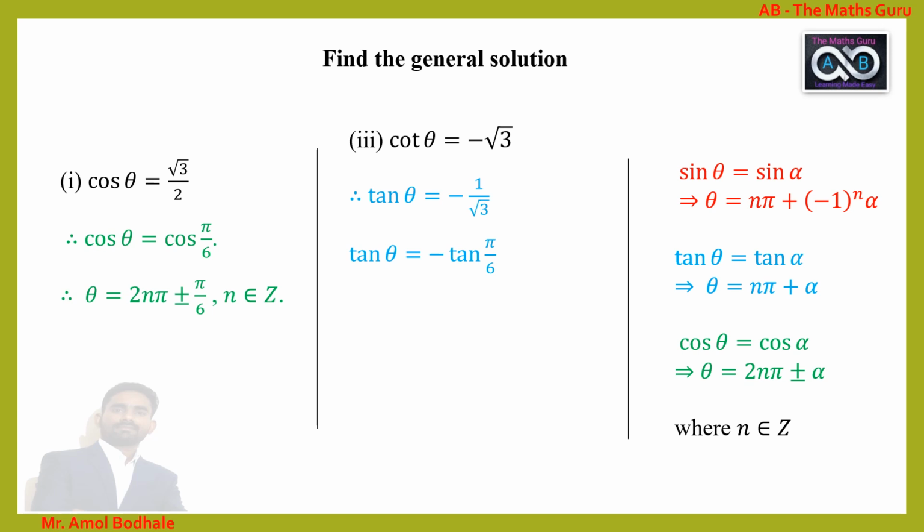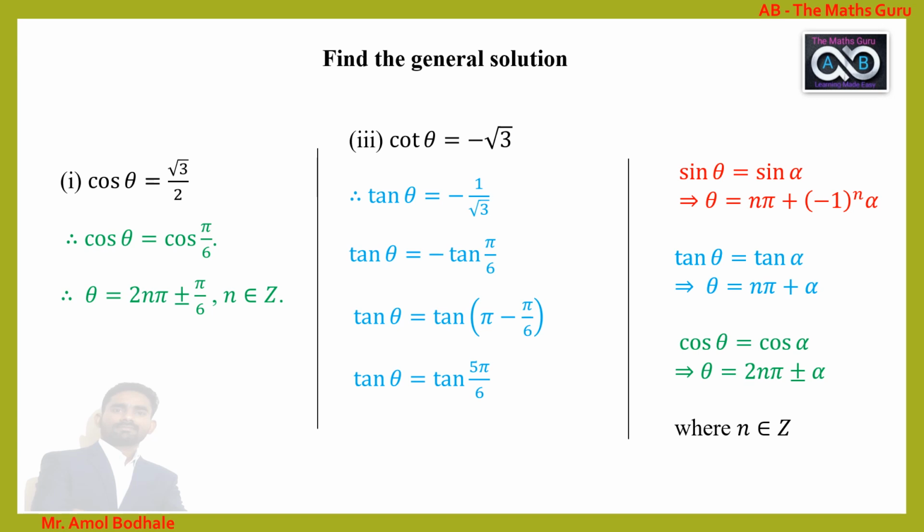Tan is positive in first and third, so it must be negative in second or fourth. Now to convert this negative in terms of positive, we can use any one quadrant, either second quadrant or fourth quadrant. So we will use the second quadrant. So tan theta equal to tan of pi minus pi by 6. Therefore tan theta equal to tan of 5 pi by 6.